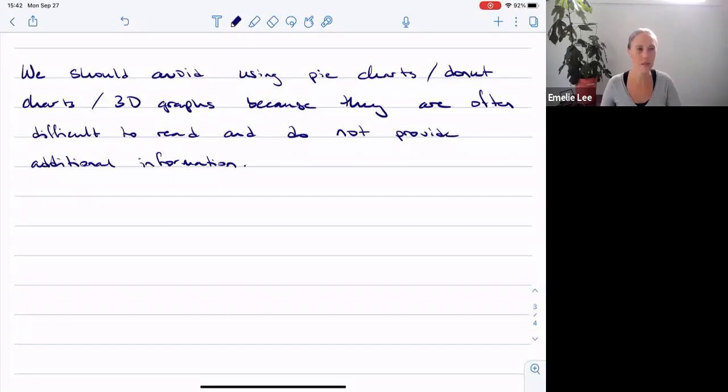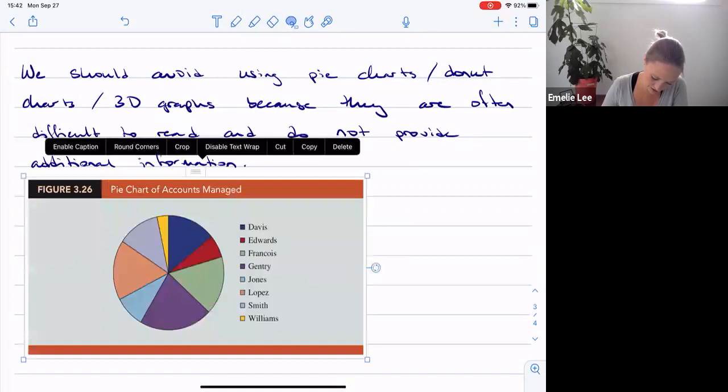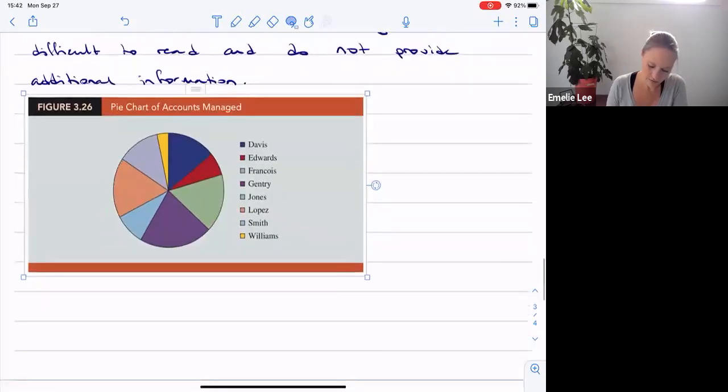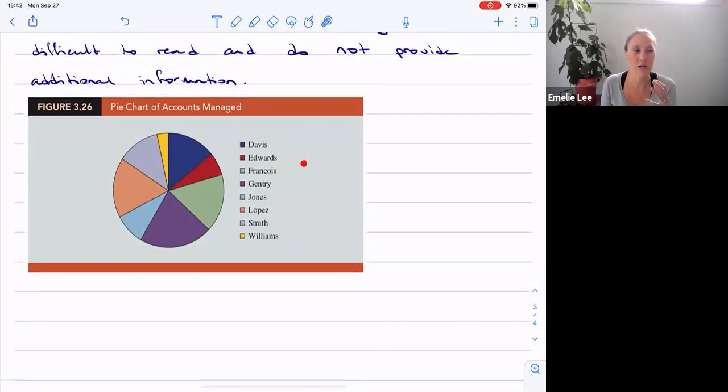Okay. So I'll bring in this pie chart here. This is the same information that we had above, right? It's the manager, and how many accounts were managed is the size of the slice. Hard to say. Here, without any values, it's not even really clear to me.